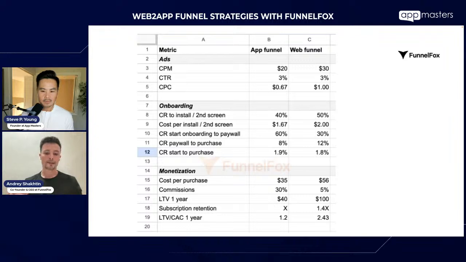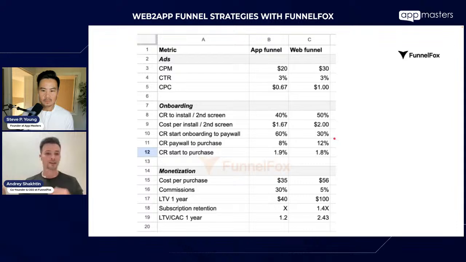I think it's important to mention that the funnels look similar. And this step in web funnel, when you just landed on the web funnel, is similar to that we have in app funnel in App Store on the product page, when a user decides to install the app.